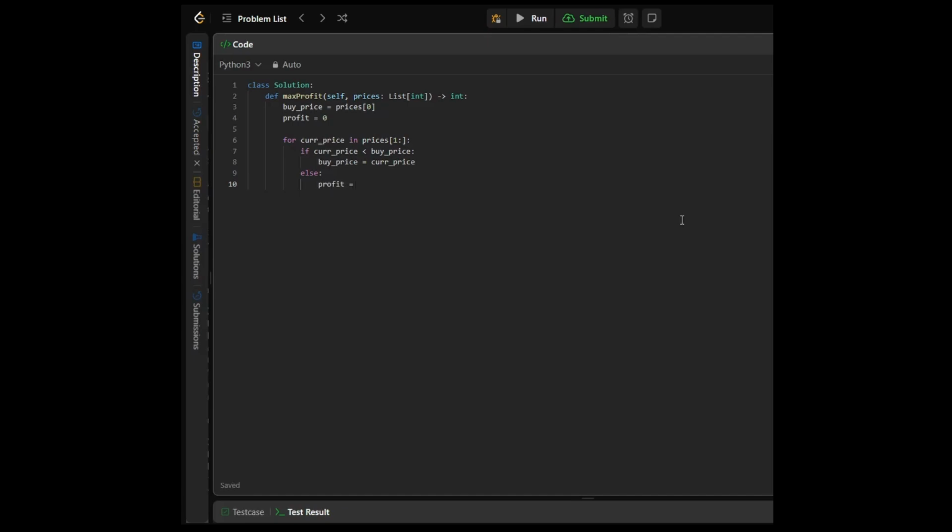I want to take the maximum profit I have. So I would say profit equals to max of profit, the global maxima I already have. In the first iteration, it would be 0, but at later point in time, we would have multiple profits. And I want to take the most profit, the maximum profit. The profit is equal to what the price is right now, current price minus what I bought at.